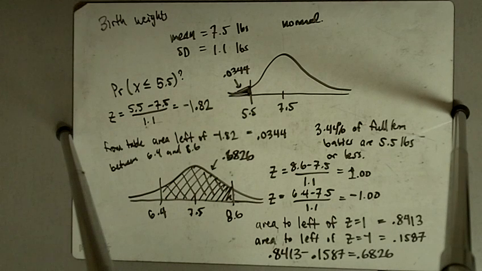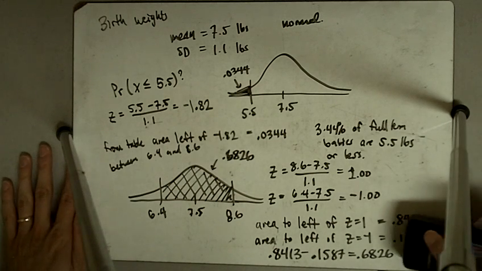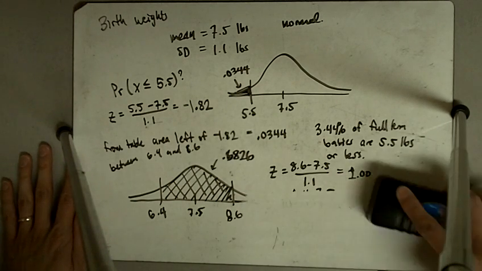Okay, and then the last part says if there were 600 full-term babies born at a hospital in 2010, how many of them would you expect to weigh 5.5 pounds or less? Okay, so I'm going to just erase this work right here.